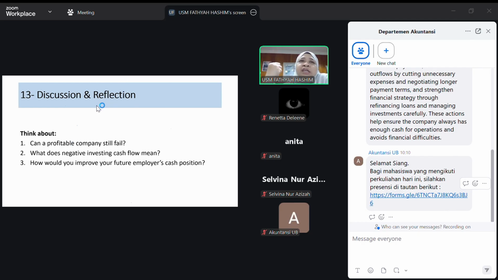In that case, you need to understand basic transactions, especially the basic principles of accounting: going concern, separate legal entity, objectivity, materiality, and other principles. There are 15 or more, and you need to understand them well before going out for your real work.